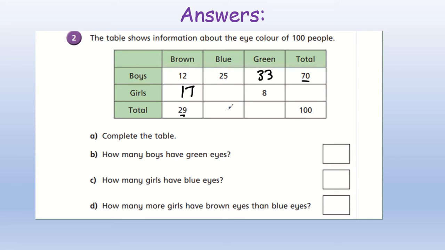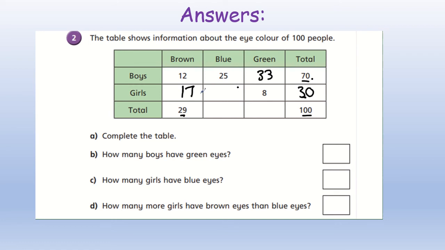Next, you could work out the total number of girls because we know there are 70 boys and there's 100 altogether. So that must mean there were 30 girls. Now we know that, we can work out the blue-eyed girls.